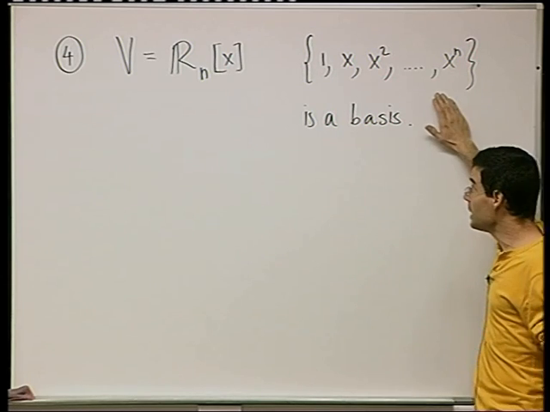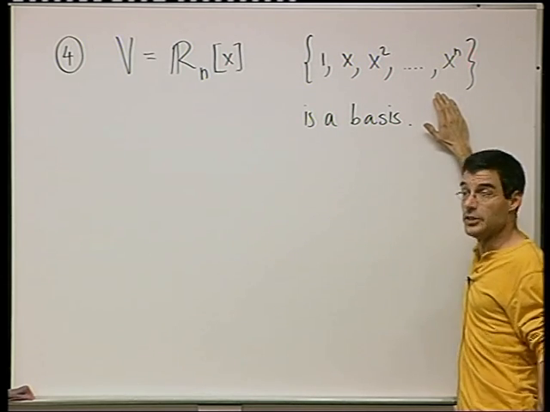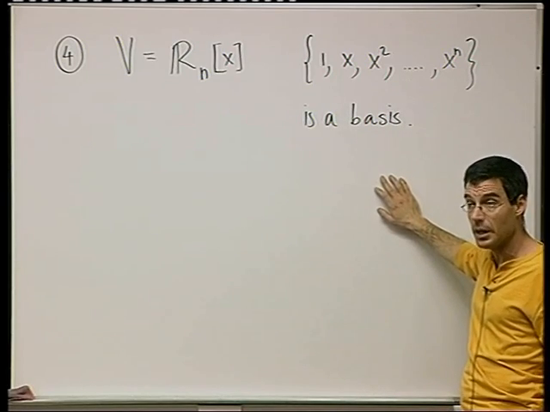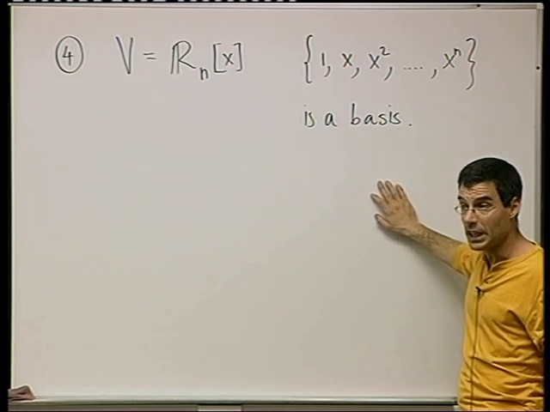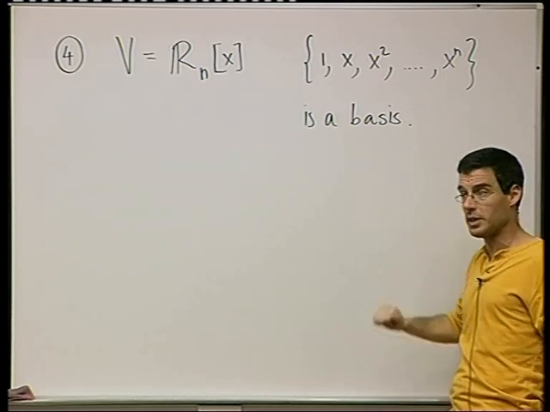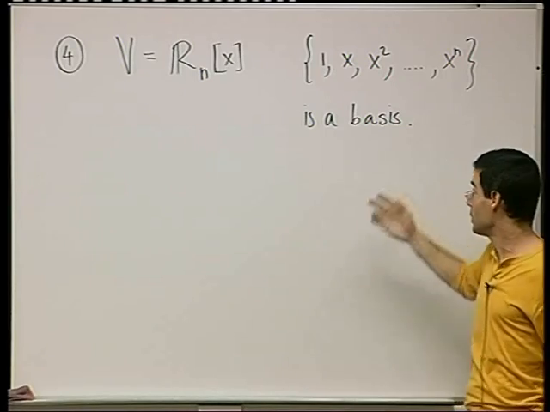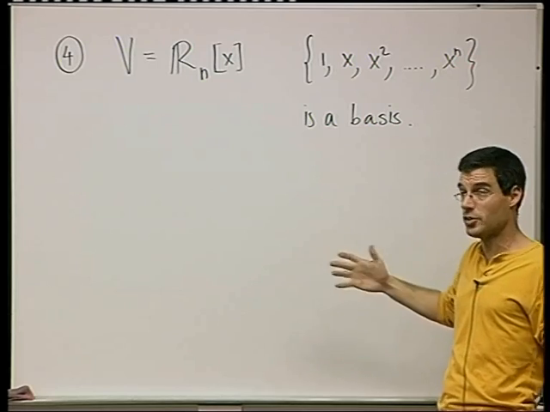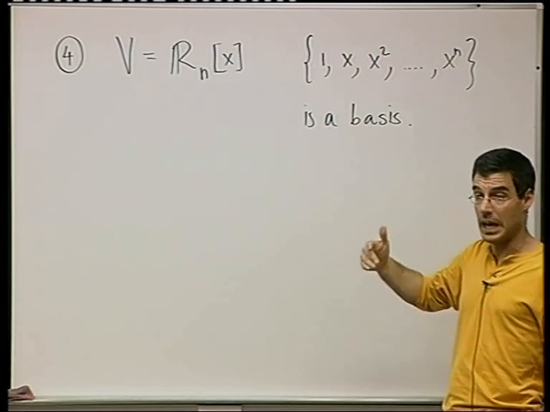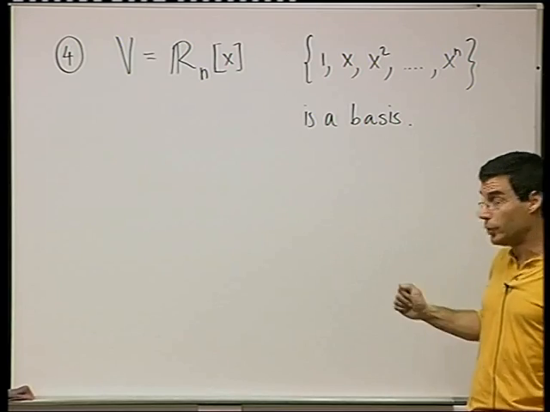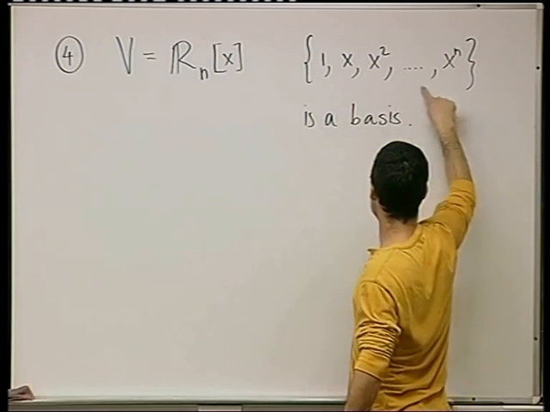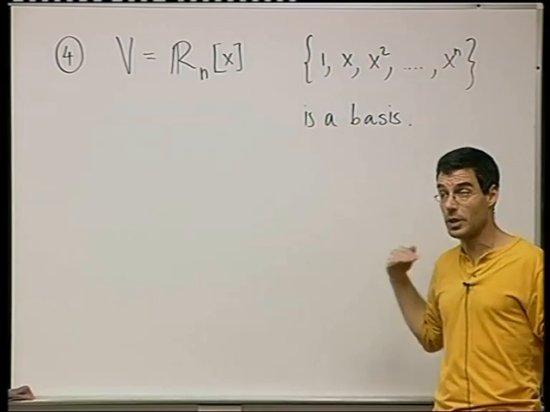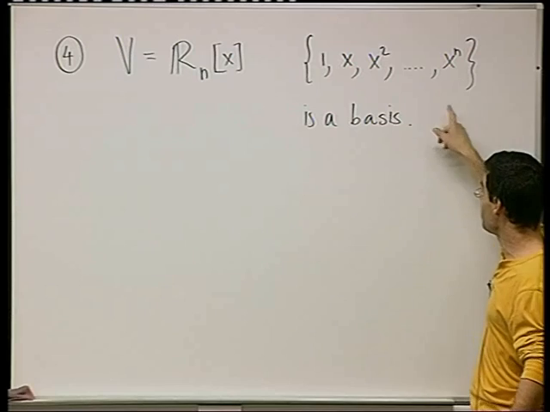And are they linearly independent? Intuitively, can any one of them be written as a linear combination of the others? The answer is no. Formally, how do you check that? Well, we know various ways to check it. Two ways. One, you can set it up as a system of equations, ask the correct question, it's going to be a homogeneous system, and see if it has a nontrivial solution. Two, think of the coefficients and straighten them out as rows in a big matrix. So what are the coefficients here?